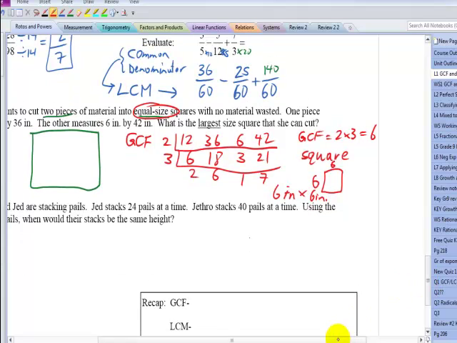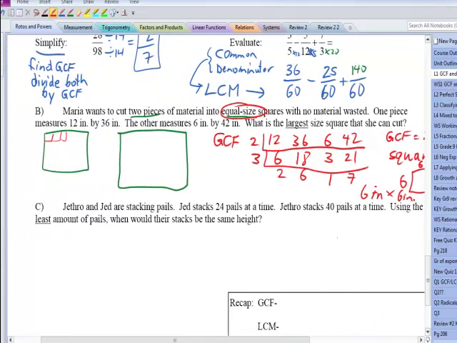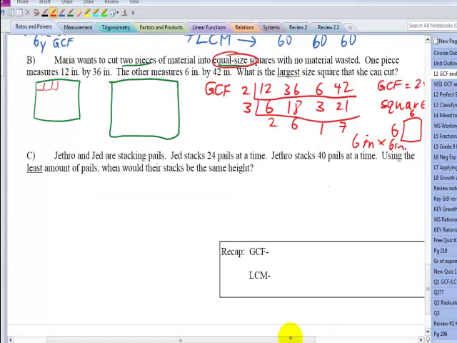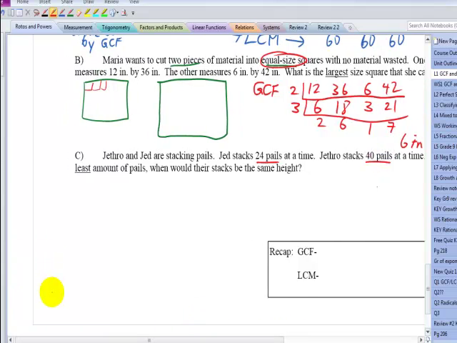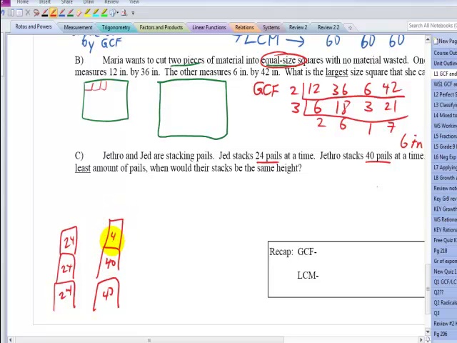Now we're stacking pails. One person stacks them 24 at a time, the other one stacks them at 40. So good old Jed's working on the farm, he goes 24, another 24, another 24, and he keeps going on. Jethro, he's at 40, and another 40, and another 40. Do you think we're finding a smaller number, like the GCF? No, we're finding a number that's larger, which is the LCM. Okay?